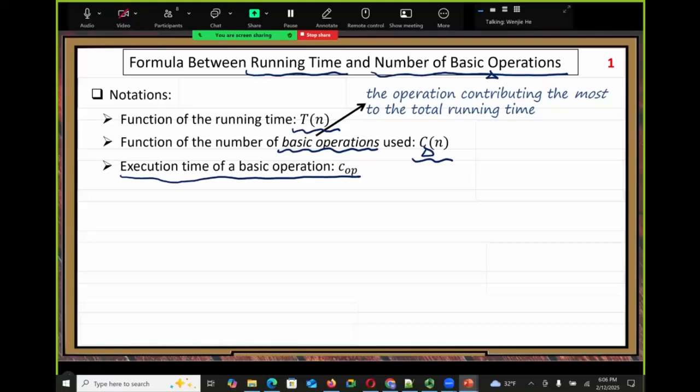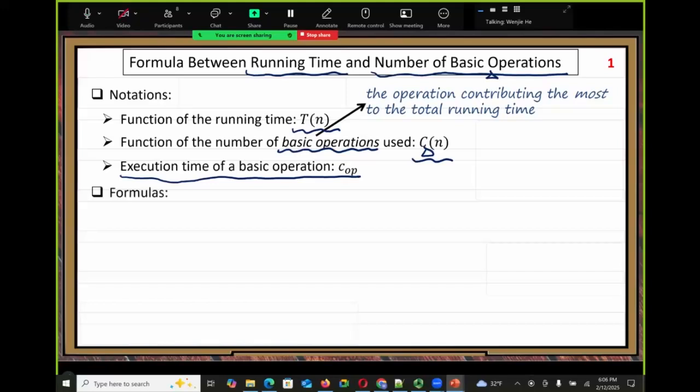Usually it's different on different machines. For a faster machine, this number is smaller. On slower machines, this number is larger.